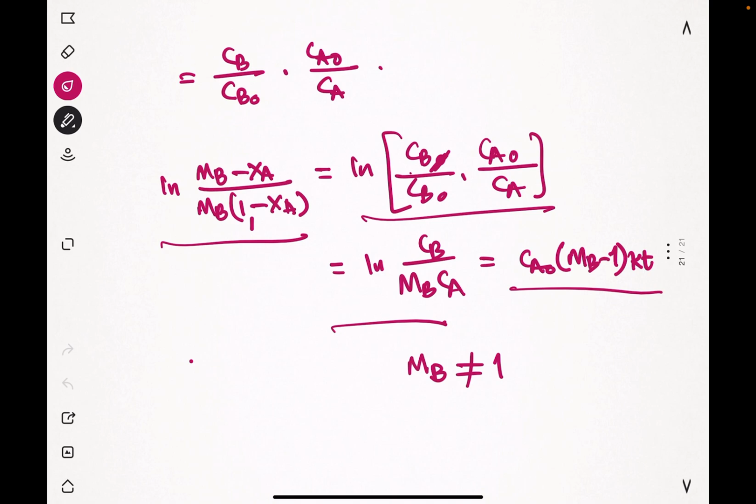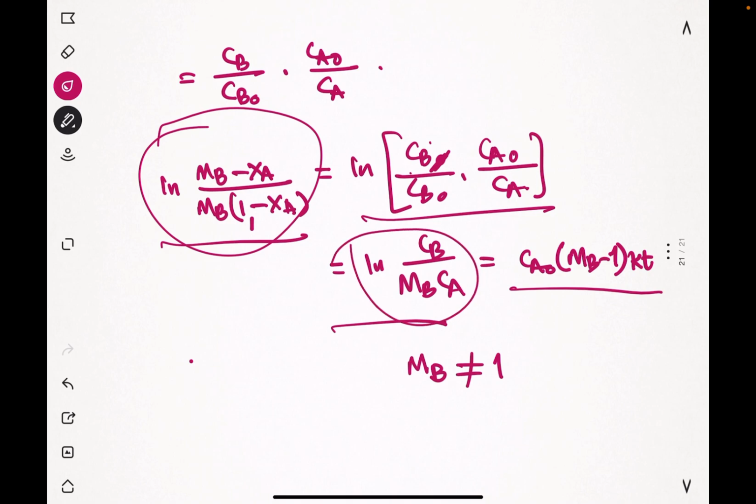In this case, CB and CA are variables, but CA naught and CB naught are constants. So we can use either this or this or this to plot.